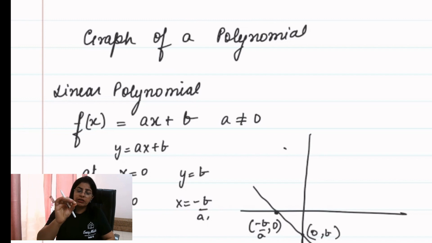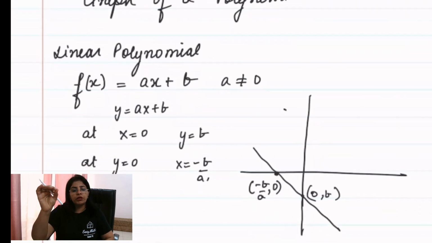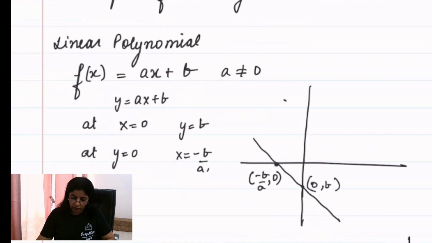The point where it will cut the x-axis will be the value of x where p of x will be 0. So here you can see x is equal to 0 at y is equal to b, and y is equal to 0 here. This is the zero of the polynomial in this case.